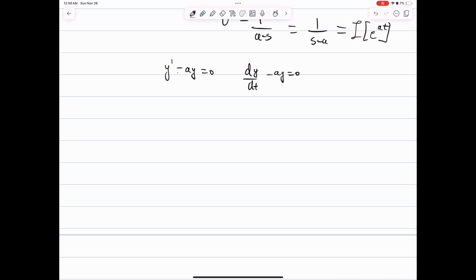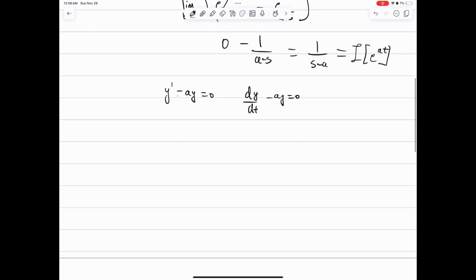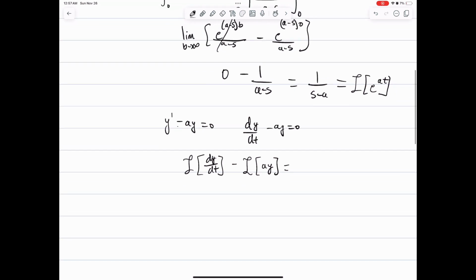Now, we want to transform this entire equation using the Laplace transform, which is just taking the Laplace transform of each individual term. Remember dy dt is just a function, and the Laplace transform of 0 would just be 0 because the integral cancels out.